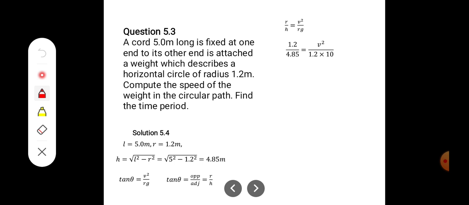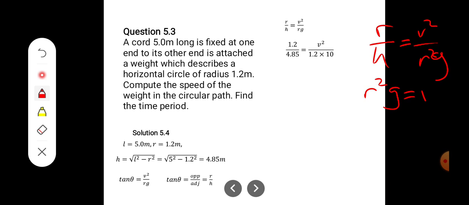Now, I would like to say something here. We can also make a formula. What do I mean? If you say r over h is equal to v squared over rg, if we cross multiply, we are going to get r squared g is equal to v squared h.